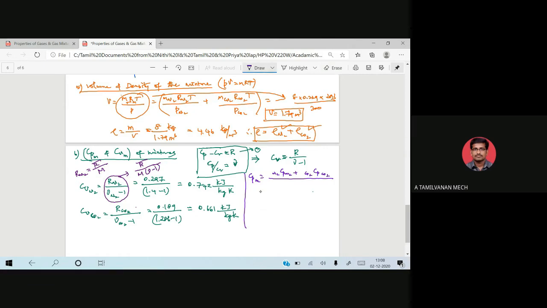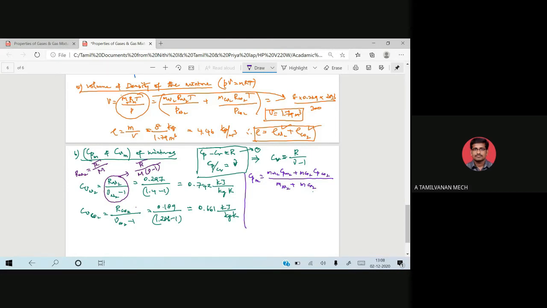Mass of N2 plus mass of CO2. So already you have the value of mass, then the specific heat of N2.